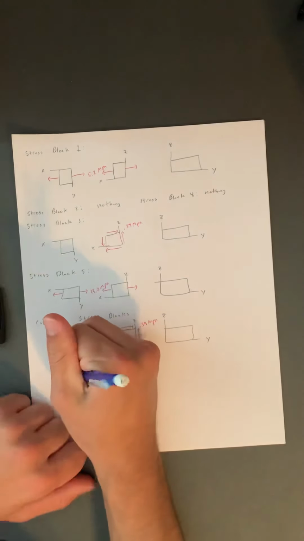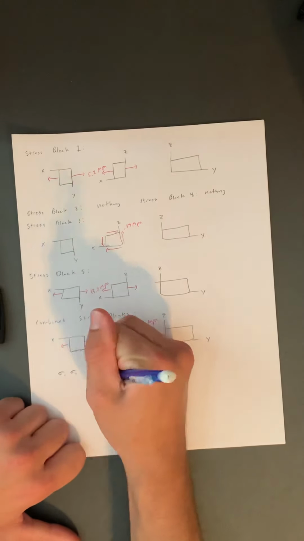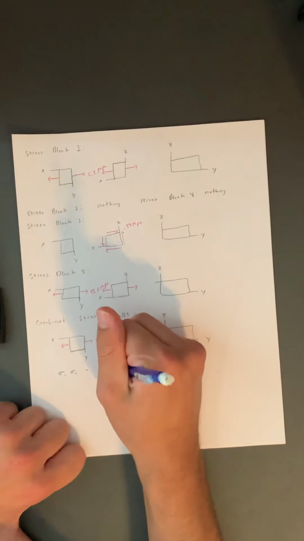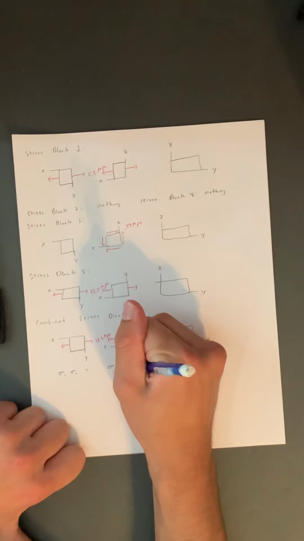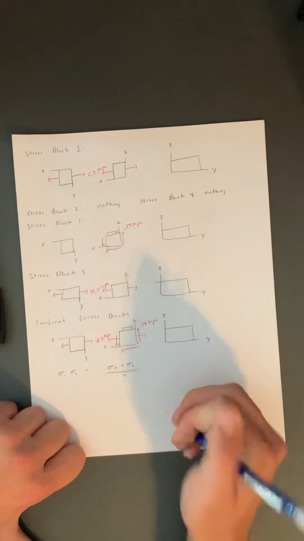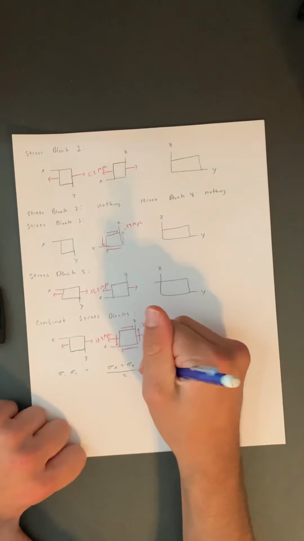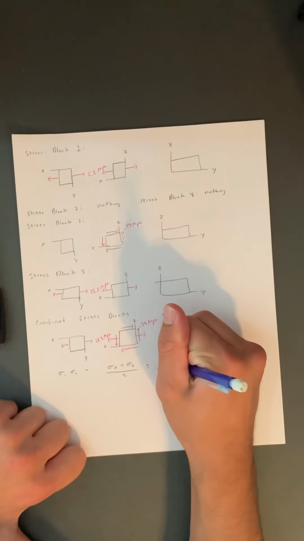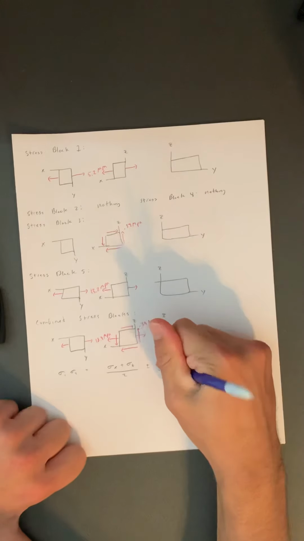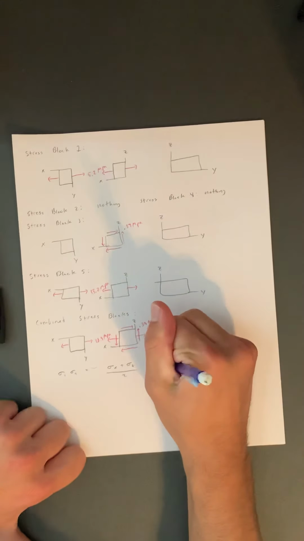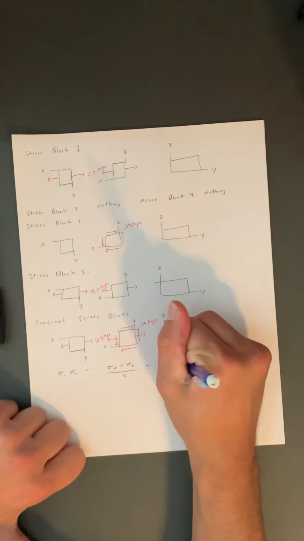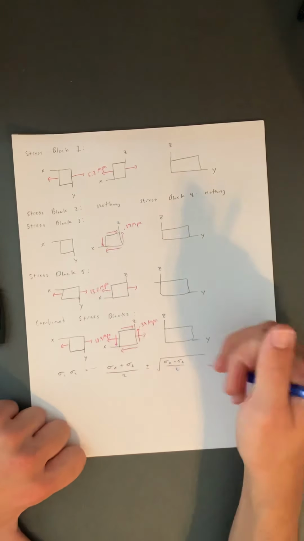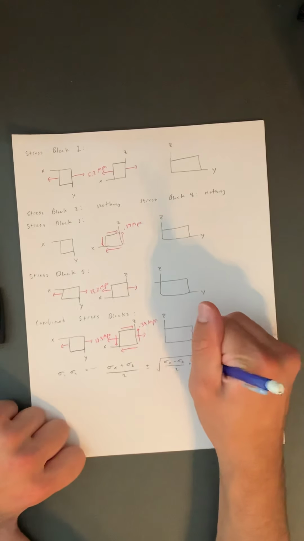Okay, so now to solve for this, we're going to use the principal stress equations, and this is denoted by this equation, which is sigma 1, sigma 2 is equal to sigma x plus sigma z over 2. And you'll see why I'm choosing x and z, because in the equation, you can kind of see which stress block you're going to choose, because you're going to have to choose the one that gives you the max value.